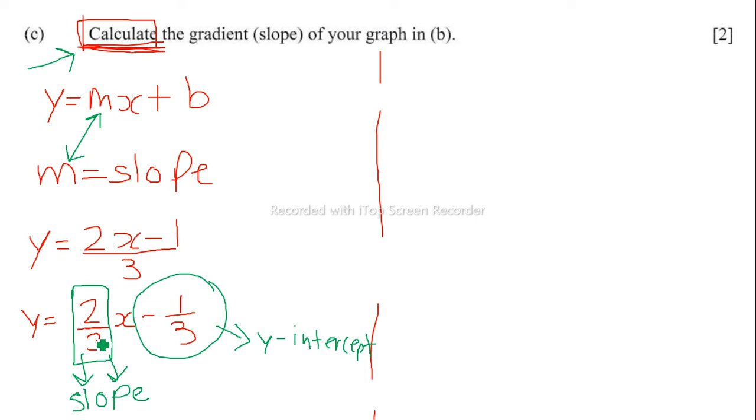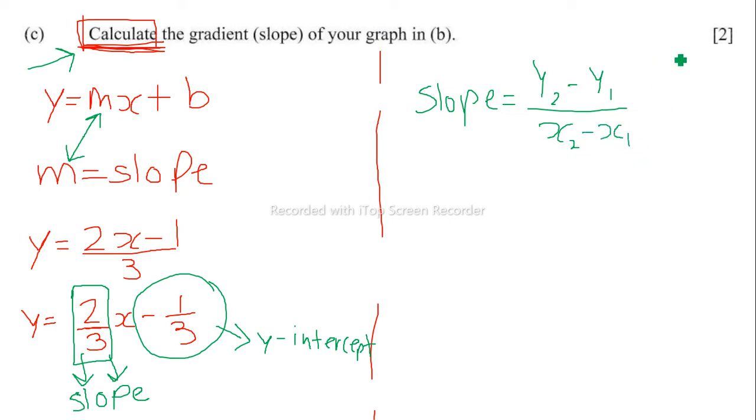Next class, because we don't have enough time now, I'll show you how to calculate it, and the way you calculate it is you'll use the formula. In fact, do this for homework. Calculate the slope using this formula: y2 minus y1, divided by x2 minus x1.